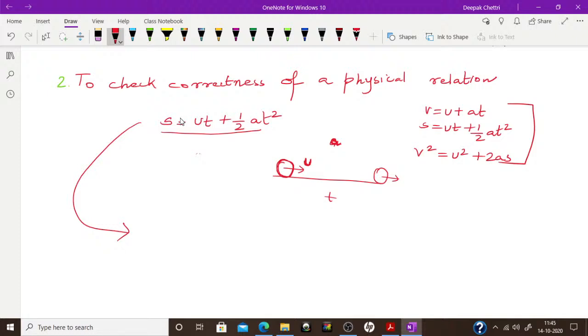Okay, so how does it help us? So see, for this you have to understand the principle of homogeneity. Okay, I'll explain what is this. Let me write down first.